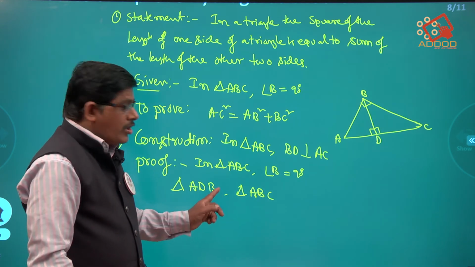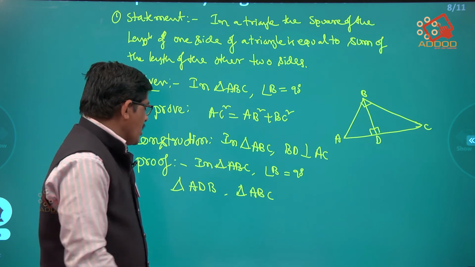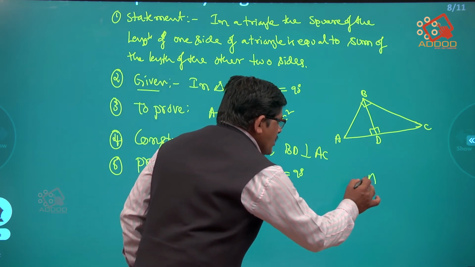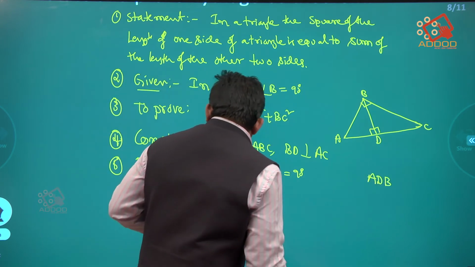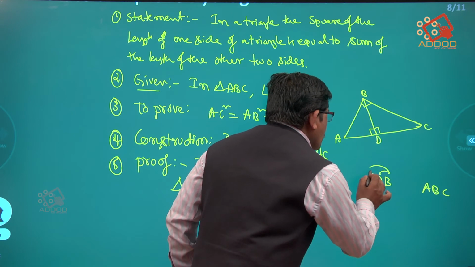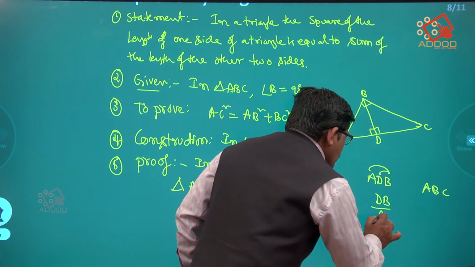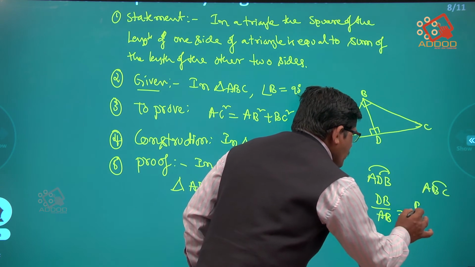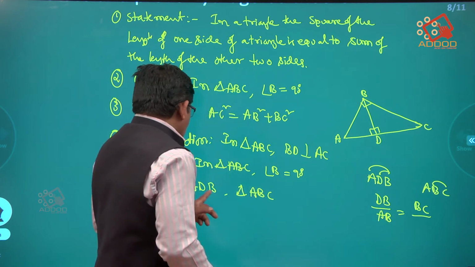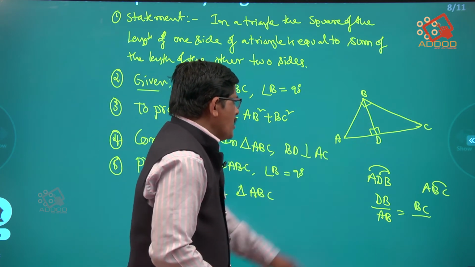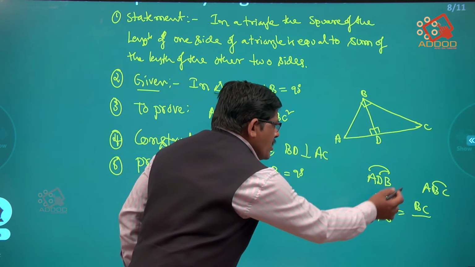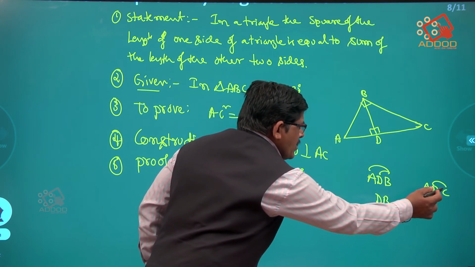In similar triangles, the sides are proportional. Taking triangle ADB and triangle ABC, DB by AB is equal to BC by AC.